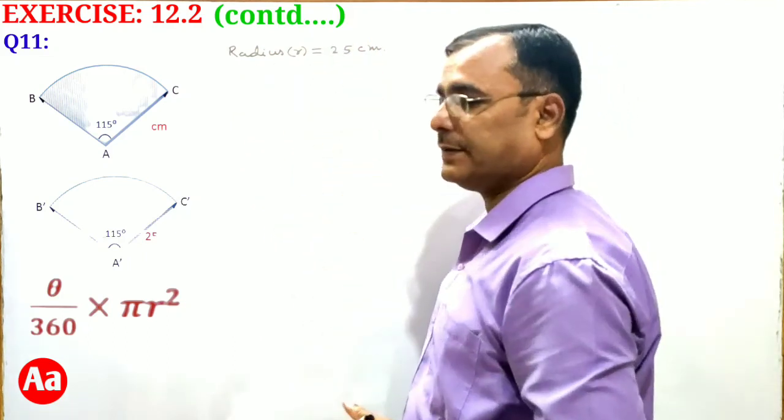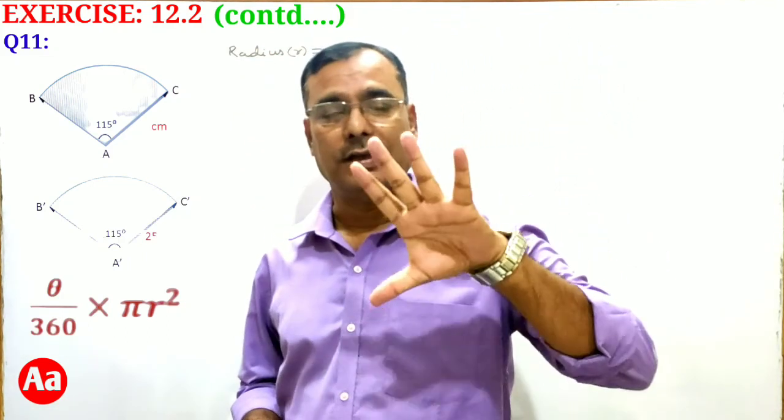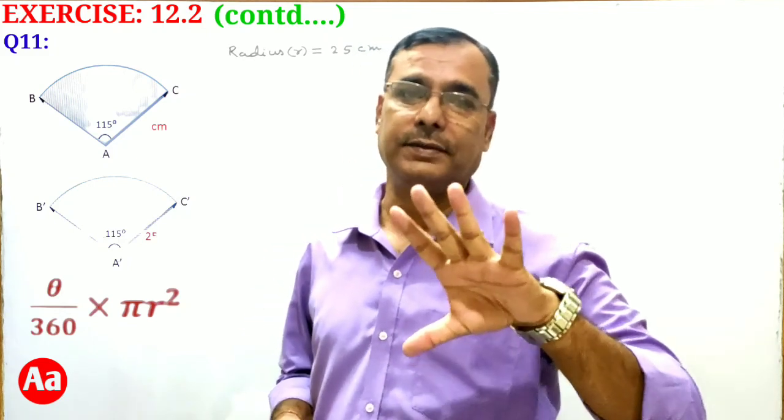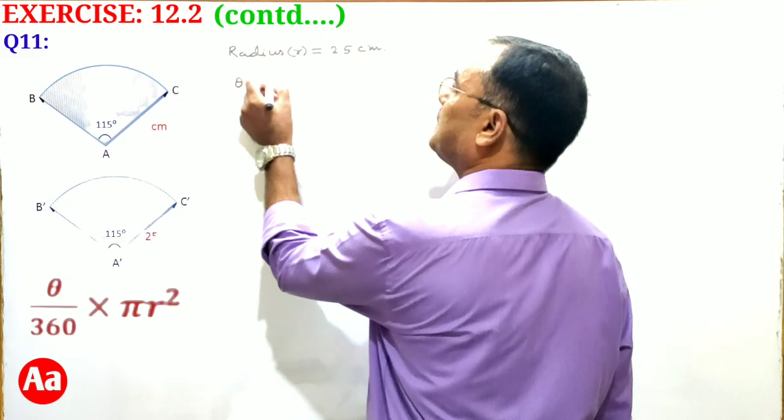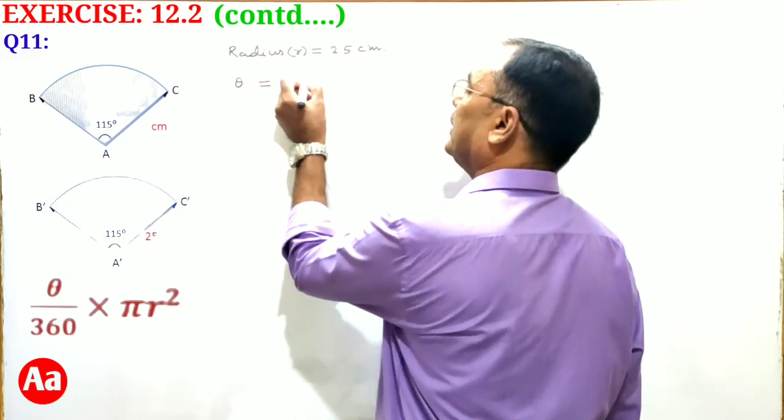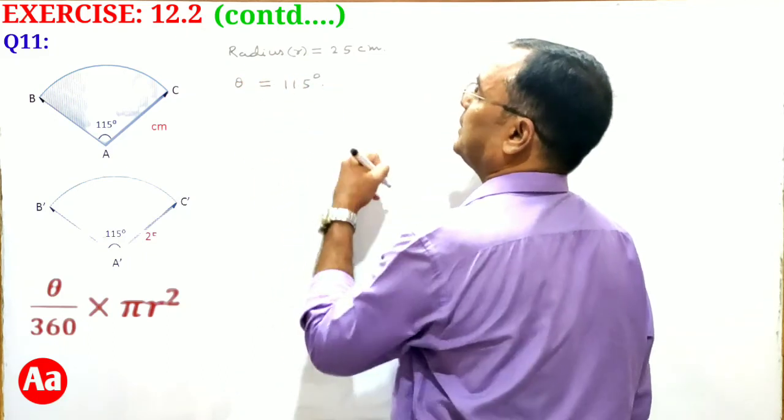Otherwise this 25 centimeter is actually length of the blades of the wiper. And sector angle theta is given 115 degrees.